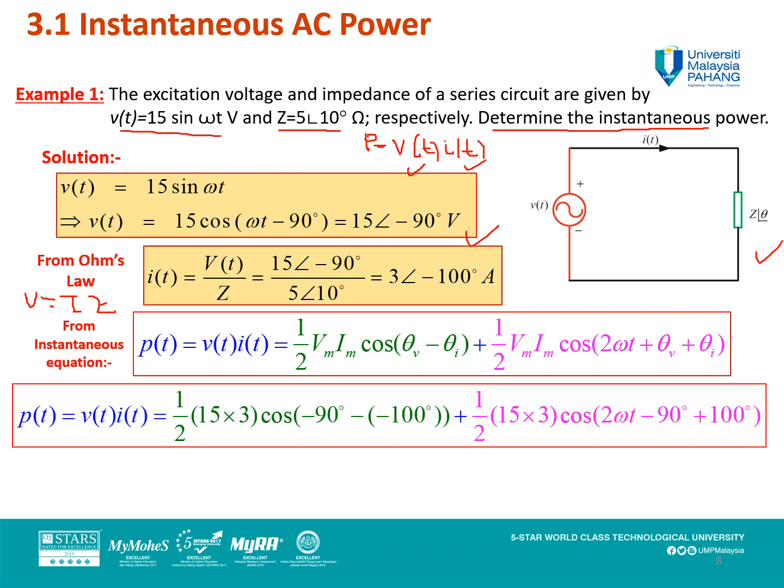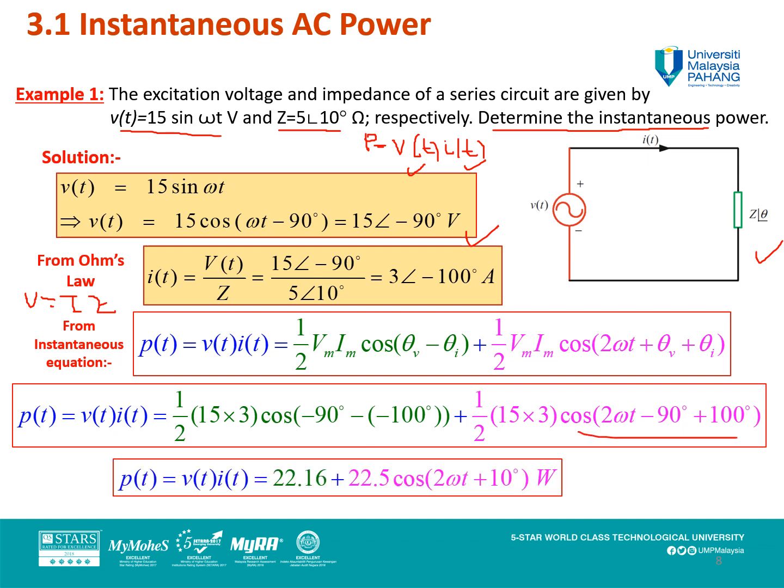So you get half times 15 multiplied by 3 cos, the angle for the voltage is minus 90 degrees, you subtract the value of the current, so minus and minus, you get plus here. So half, just put back the values of the magnitudes Vm and Im, so you get the value for the second part here.